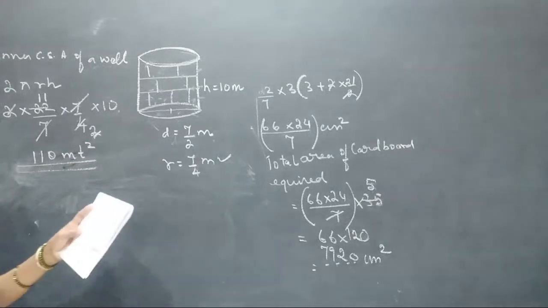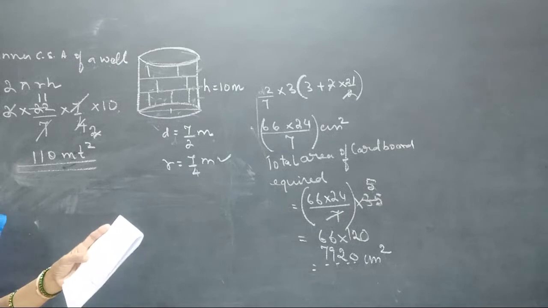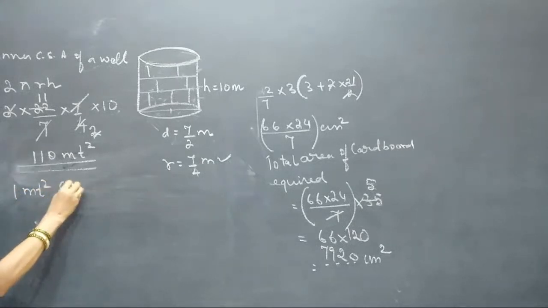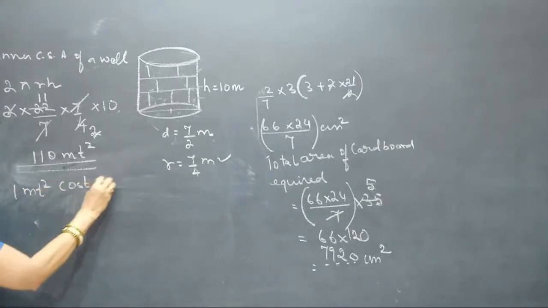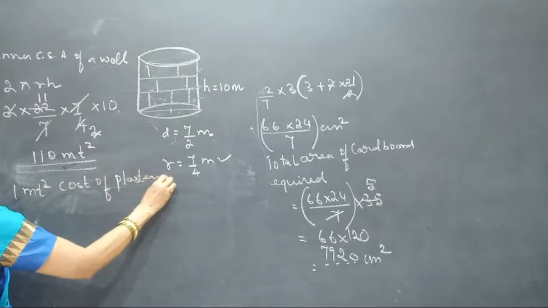Now later they asked, calculate the cost of plastering the curved surface area at rupees 40 per meter square. Don't suddenly write into 40, put that in a statement, that is, 1 meter square cost of plastering. We require everything in detail like this.